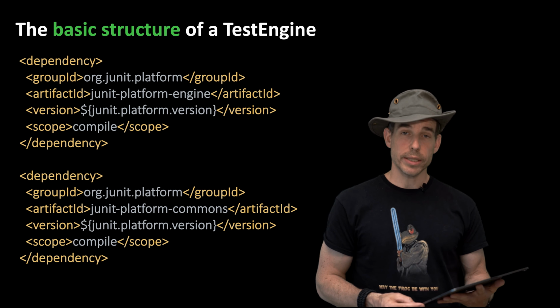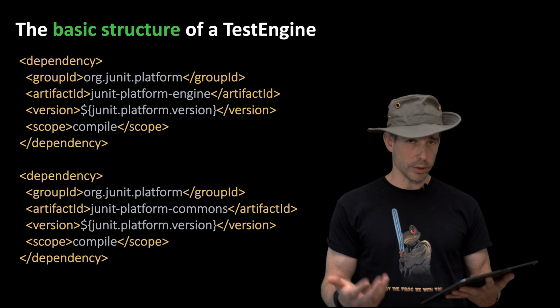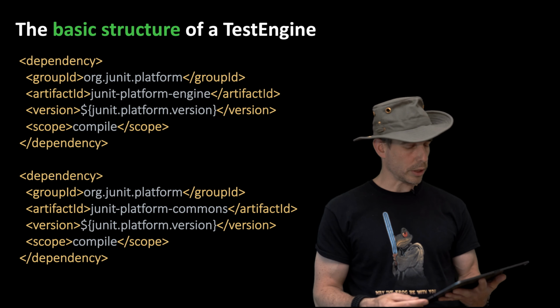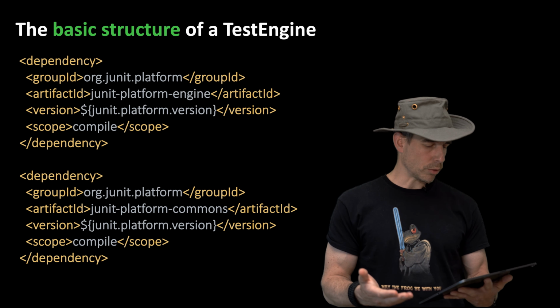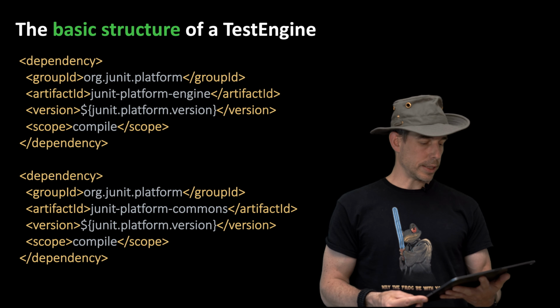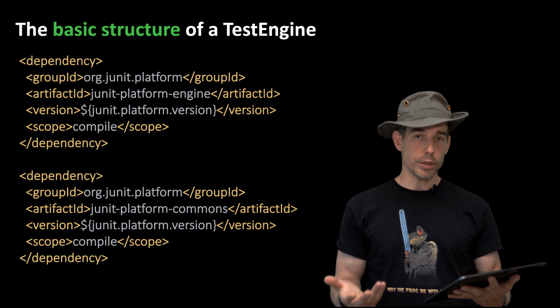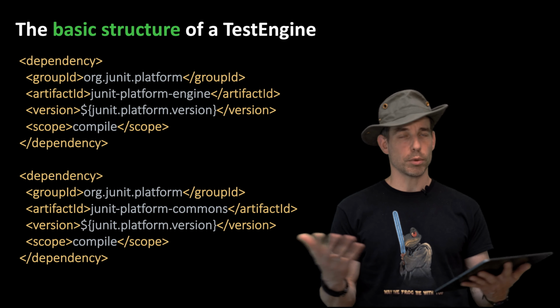So to have access to the basic implementation so that you can deal with some basic implementations or support utilities, just add the JUnit platform engine inside your compile scope and the platform commons in the scope compile as well.